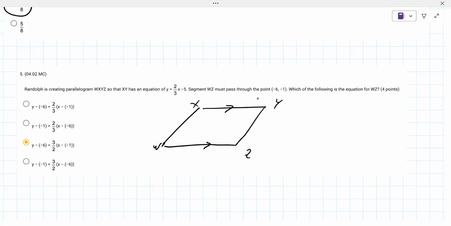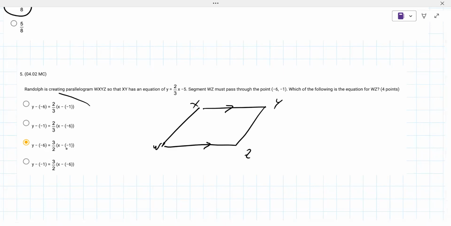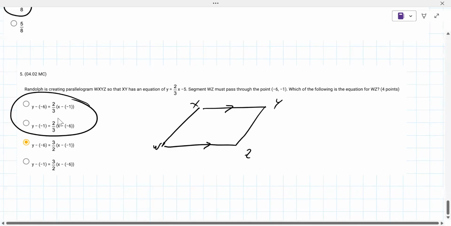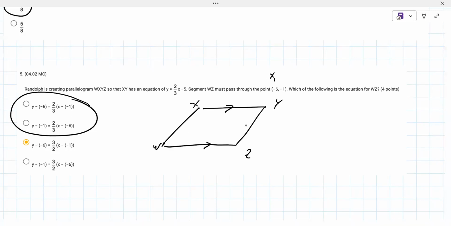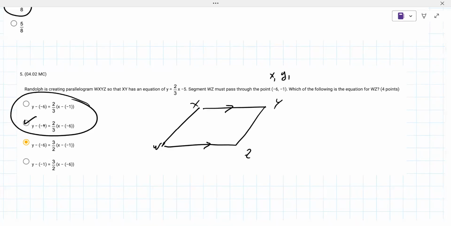So we're looking for the one that's parallel. Parallel has the same slope, so it's one of the first two. Then you'll want to put that point in. This is X1 and Y1. So we've got X minus negative 6, Y minus negative 1. So it looks like it would actually be that one there.